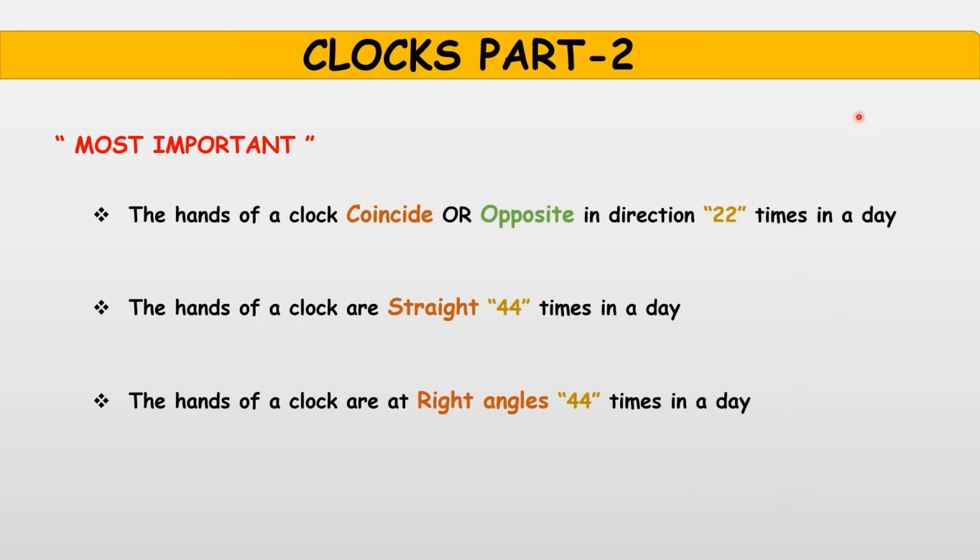For example, at 3 o'clock, both the hands are at right angles. Like that, in each hour you can find it 2 times. So for 12 hours it is 22 times, and for one day it is 44 times. These are some standard results, and based on these many questions are asked, so you can answer directly.